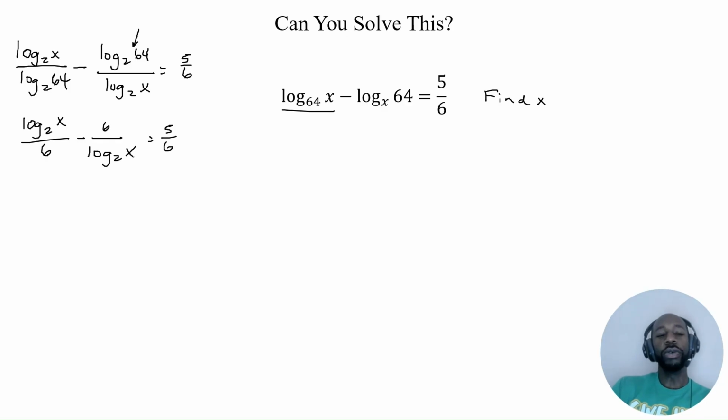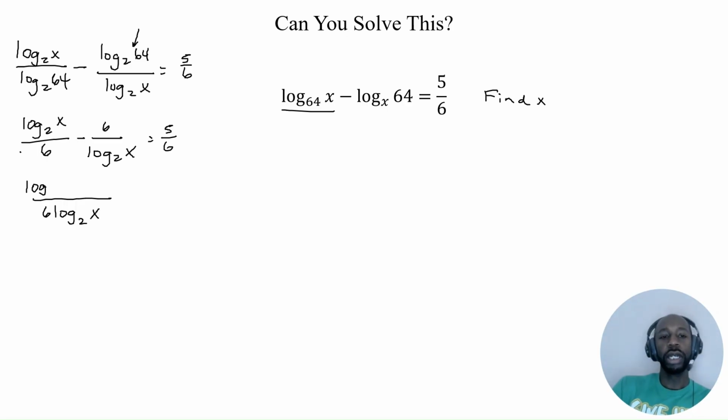Now, we want to combine these fractions. So that means we need to have a common denominator. So this is going to be 6 log base 2 of x. That's going to be the denominator. The numerator is log. So now remember, if we're doing a common denominator, you need to multiply the top and bottom by the same things. So this first fraction would have needed to be multiplied by log base 2 of x in the top and the bottom.